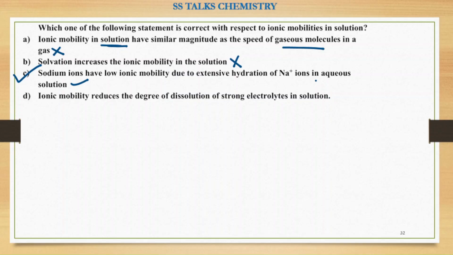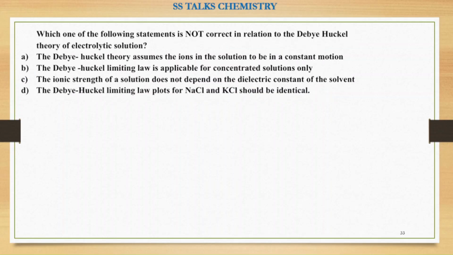Right. Next, it says which one of the following statements is not true in relation to the Debye-Huckel theory of electrolyte solutions. Not the correct one. The Debye-Huckel theory assumes the ions in the solution to be in constant motion. This is the true one.